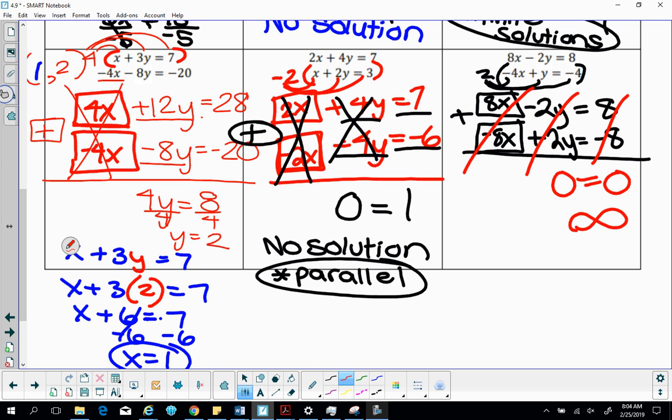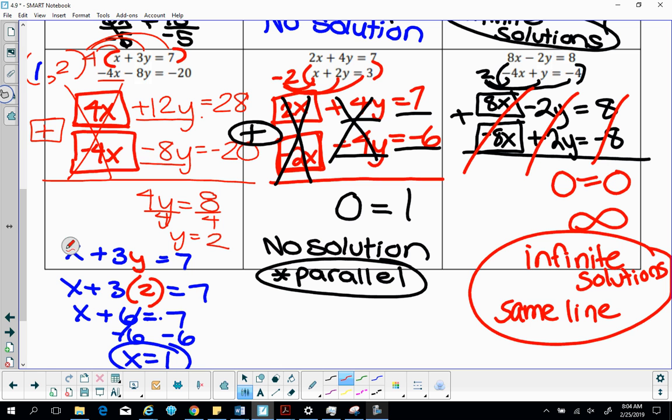So when I see that, I remember, oh yeah, it's infinite solutions. They're always going to cross because they are the same line, same slope and y-intercept. So if you were to put those two in slope-intercept form, you would get the exact equation. Does that make sense?